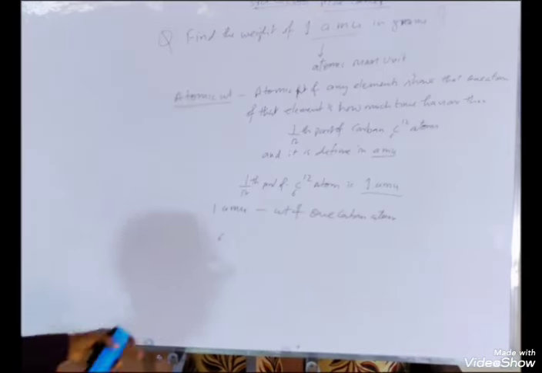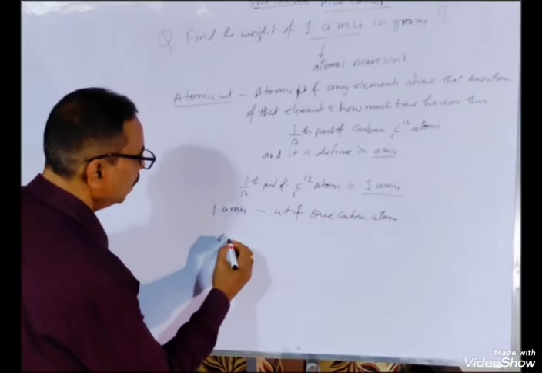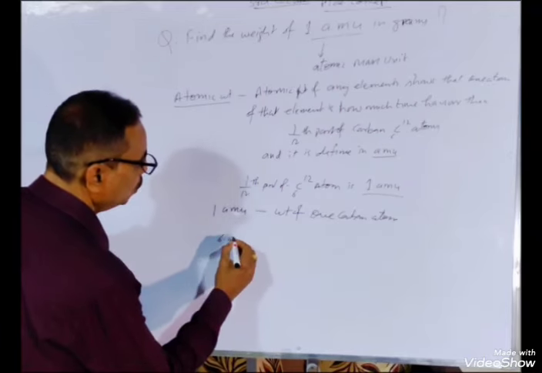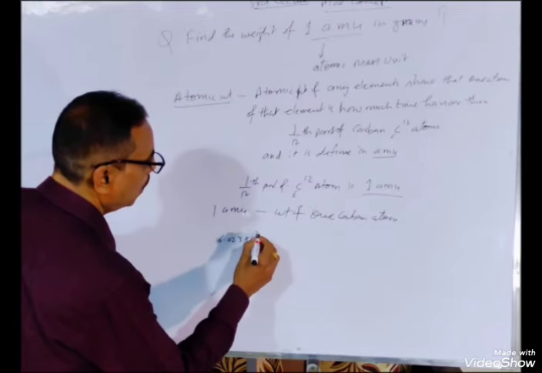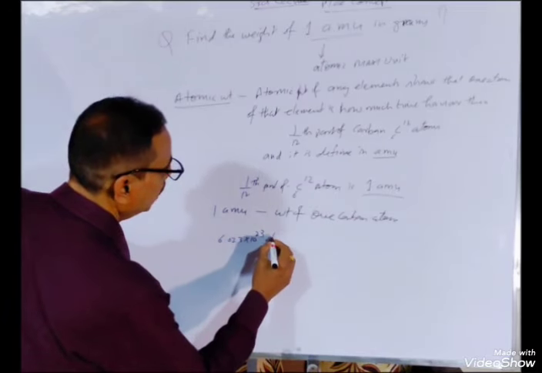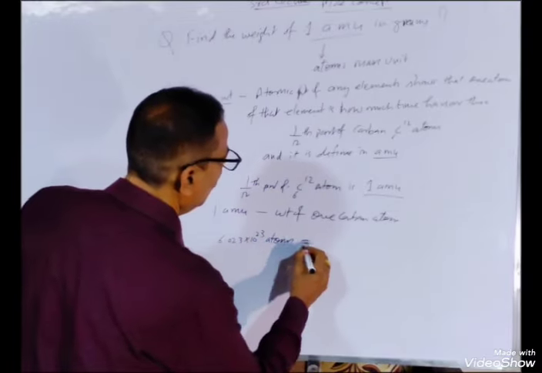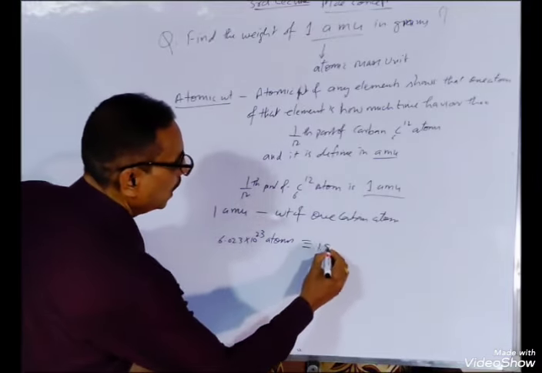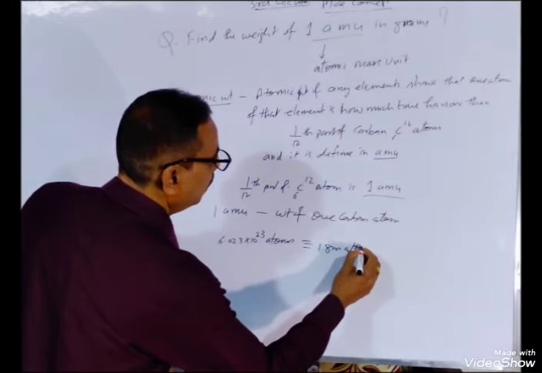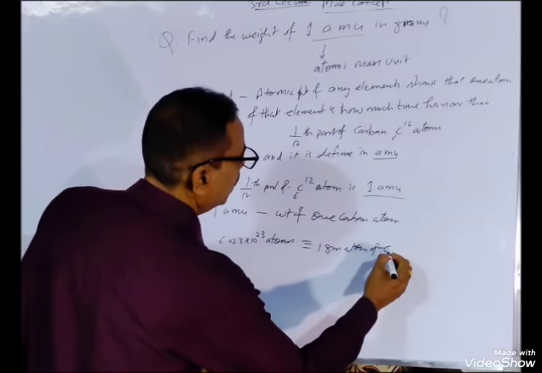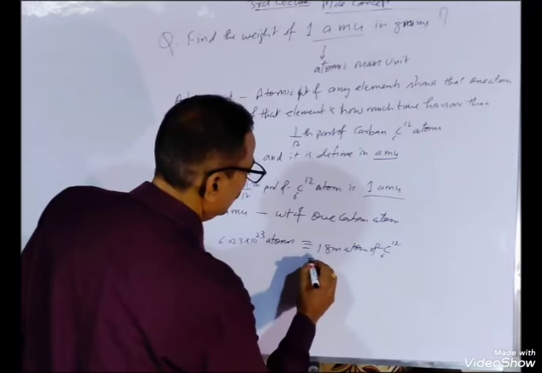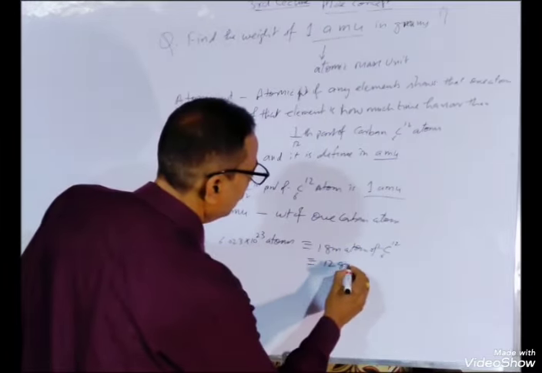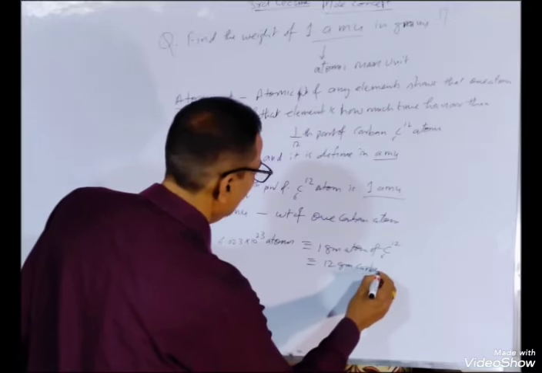1 AMU is the weight of 1 carbon atom. 6.023 into 10 to the power 23 atoms is equivalent to 1 gram atom of carbon, equivalent to 12 gram carbon.